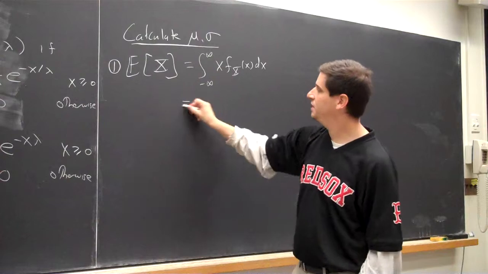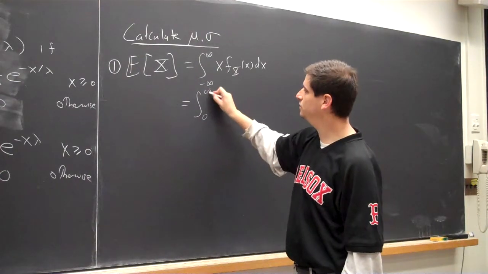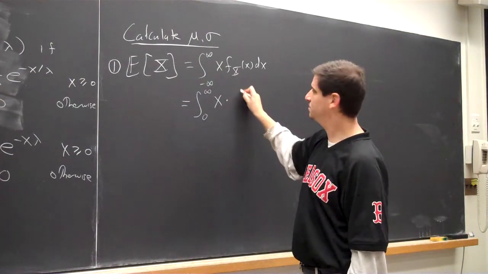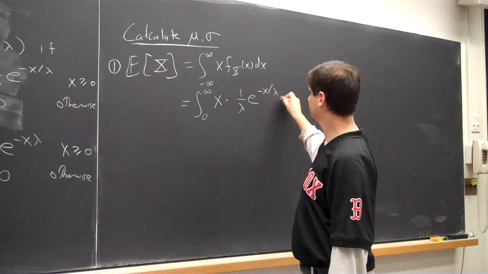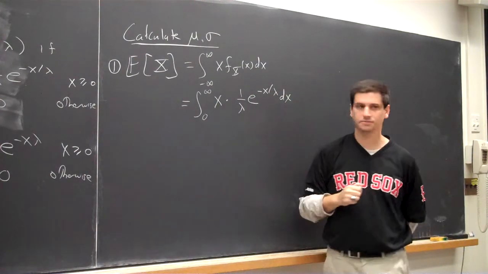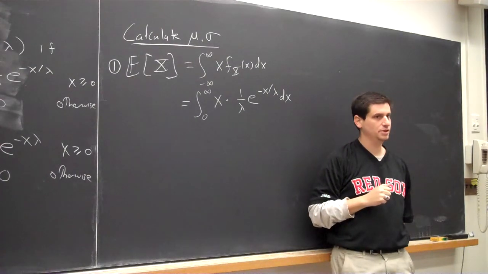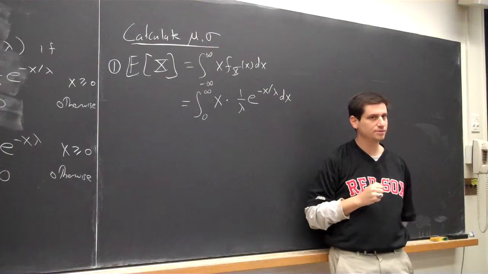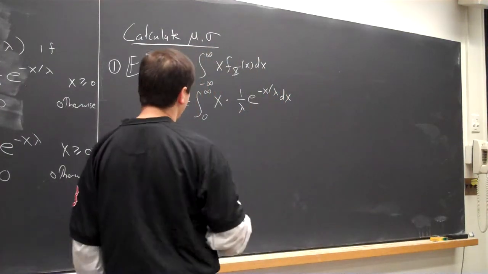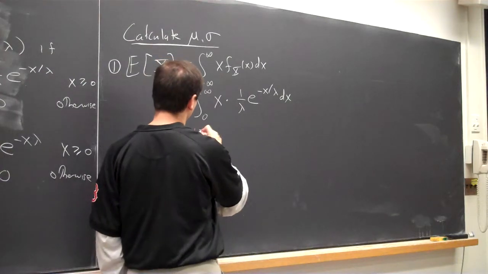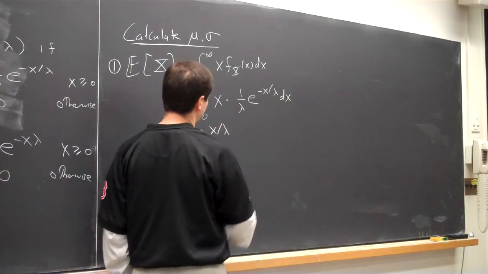So this is the same as integrating from 0 to infinity of x, now multiplied by 1 over lambda e to the negative x over lambda dx. Okay, so how should I proceed with this integration? U substitution. So let u equal x over lambda.